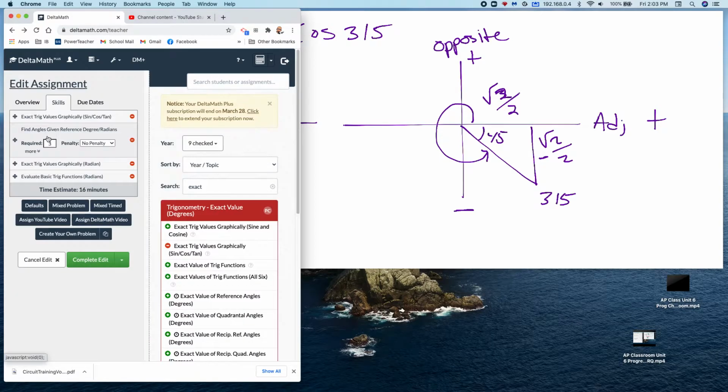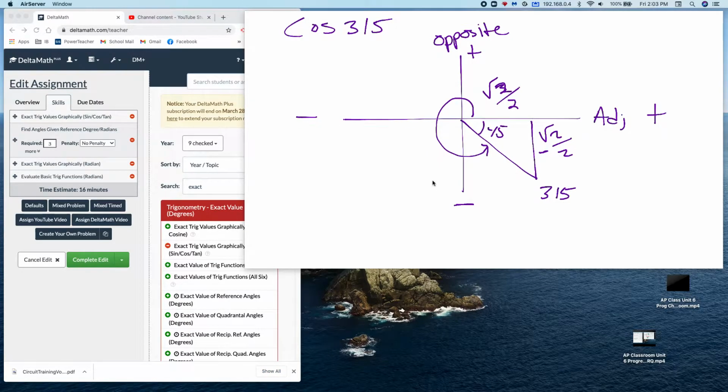We're going to start talking about a new kind of measurement. And the new kind of measurement is a thing called radians.